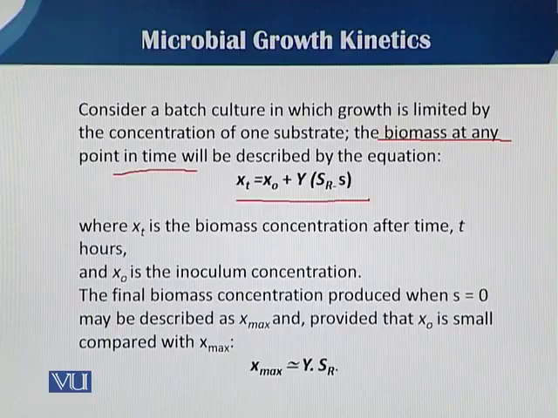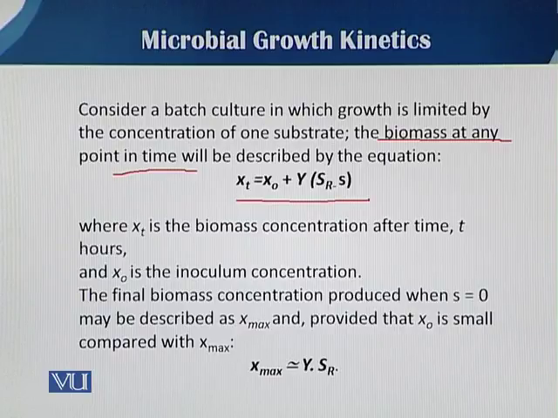So in this whole equation, the biomass concentration is equal to the biomass concentration from the inoculum plus the increase, which is the yield times the initial substrate concentration minus the amount of the substrate which remains in the vessel at the time of the fed batch strategy.